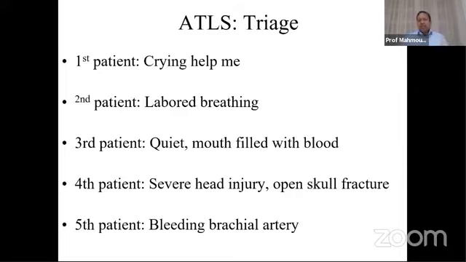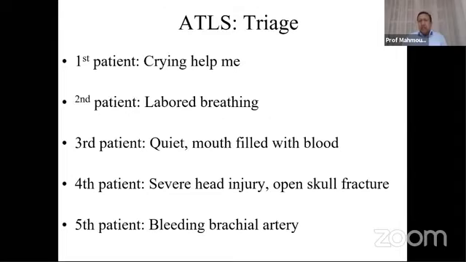But if the patient is talking, generally speaking, we consider that this is a good sign that the ABC is good. So here, patient number 3 has got a blocked airway, and you should pay attention first to this patient before you go to patient number 2, which is the labored breathing.